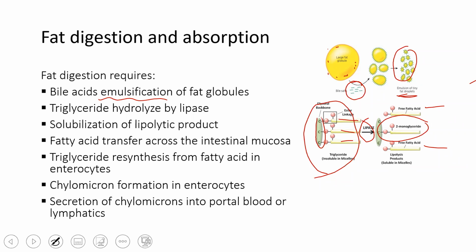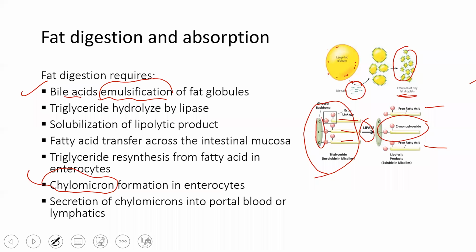The triglyceride then attaches with cholesterol. So the role of the bile salts is not only emulsification; they also combine the triglyceride, phospholipid, and cholesterol, and the bile acid forms something called a chylomicron.